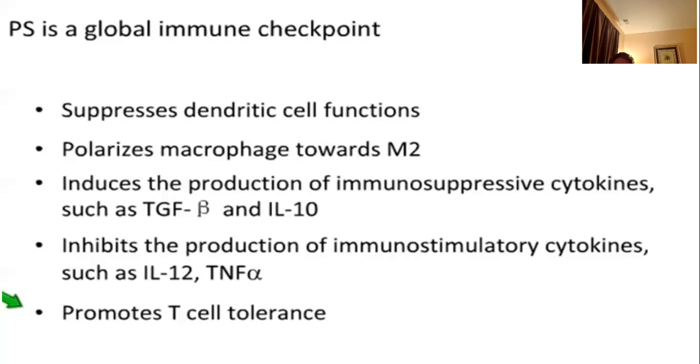And those PS signals will also polarize the macrophages, as I said, toward the M2 and M regs. And if the tumor cells are secreting interleukin-6, then they can polarize them into M17, and then you have also Th17 there. It induces the production of immune suppressive cytokines.